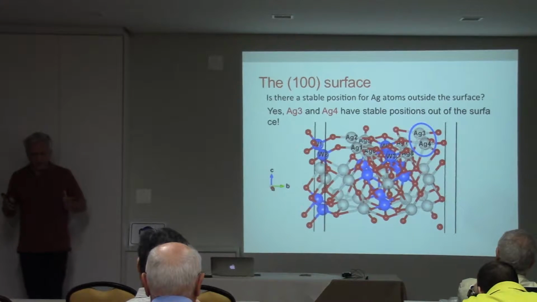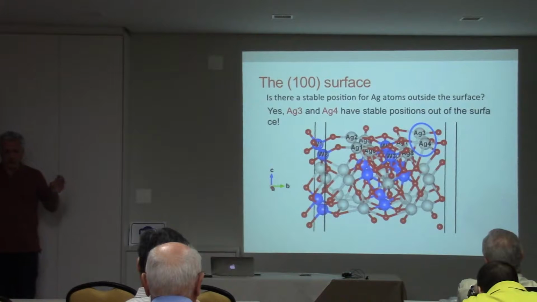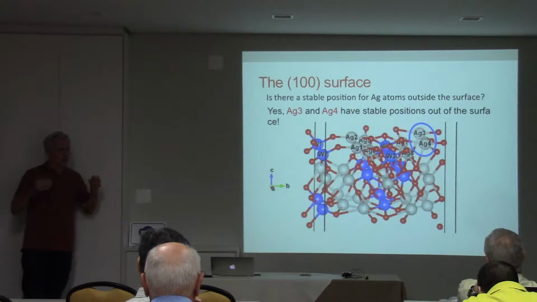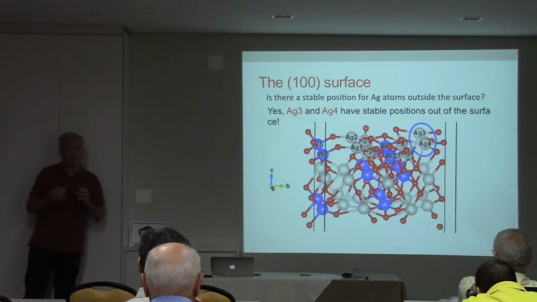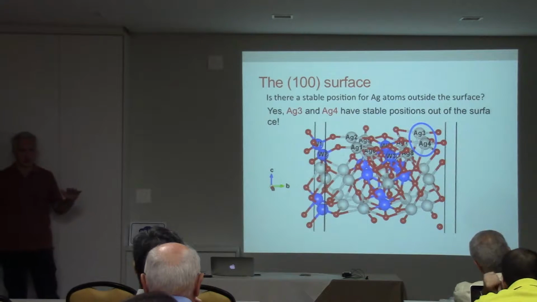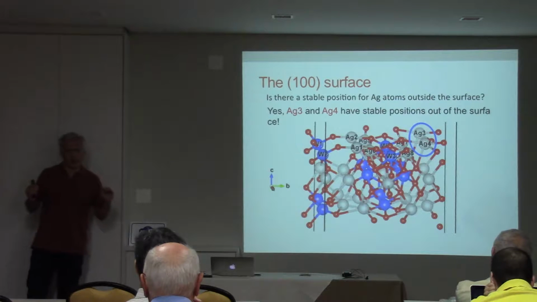If we expect that all the silver atoms can diffuse outside, what we would expect in the experiment is just an amorphization process of the substrate. But we don't find this.